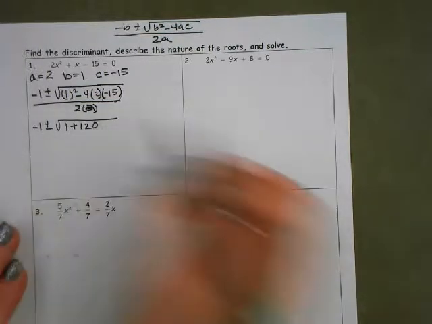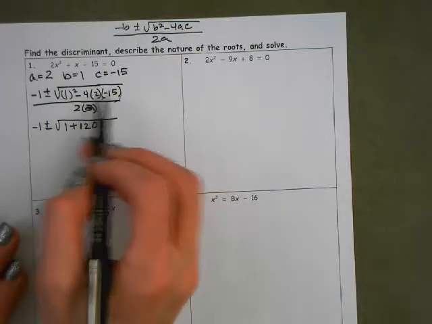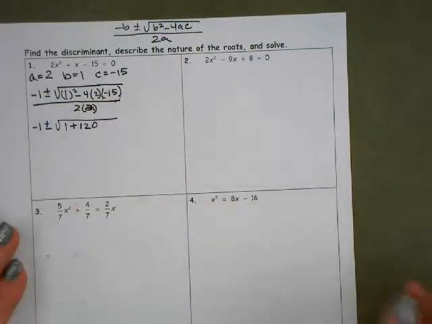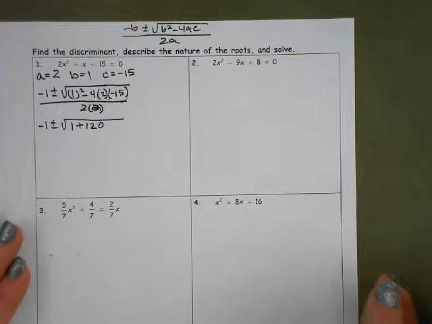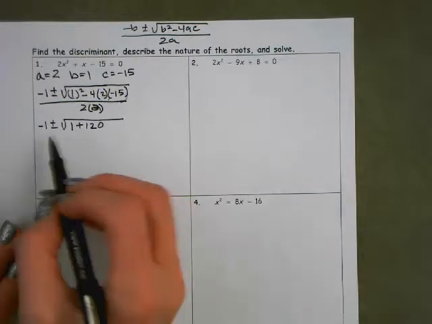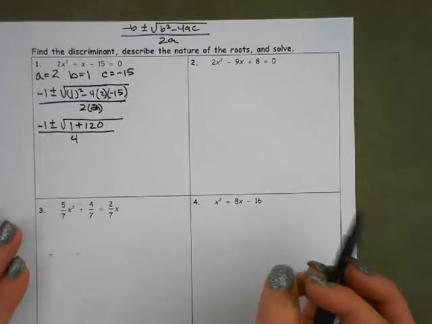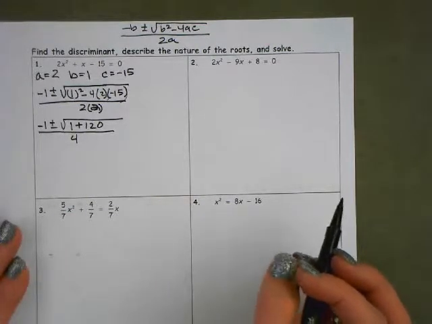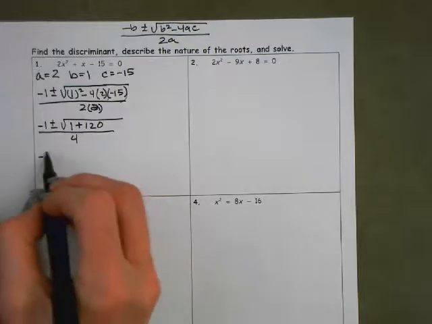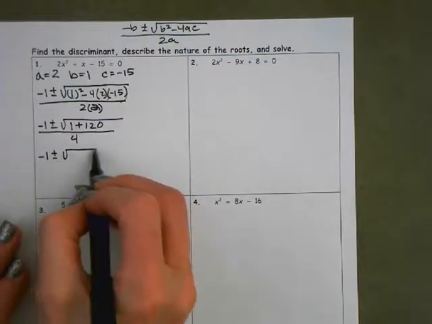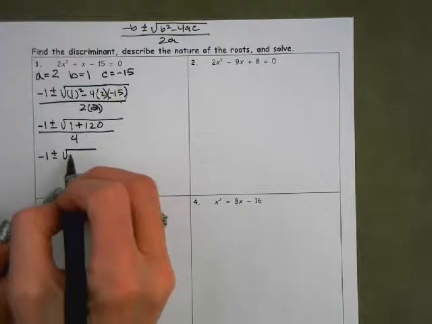Put that all over 4. So that's minus 1 plus or minus the square root of, well, 1 plus 120 is 121. And that's all divided by 4.